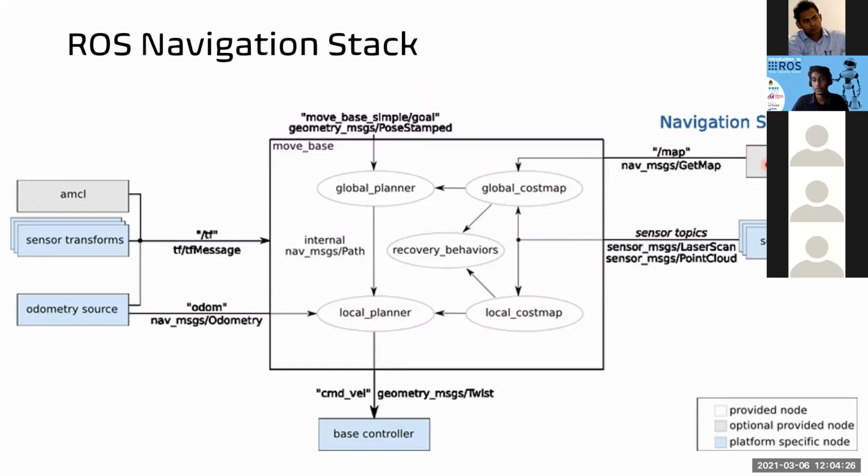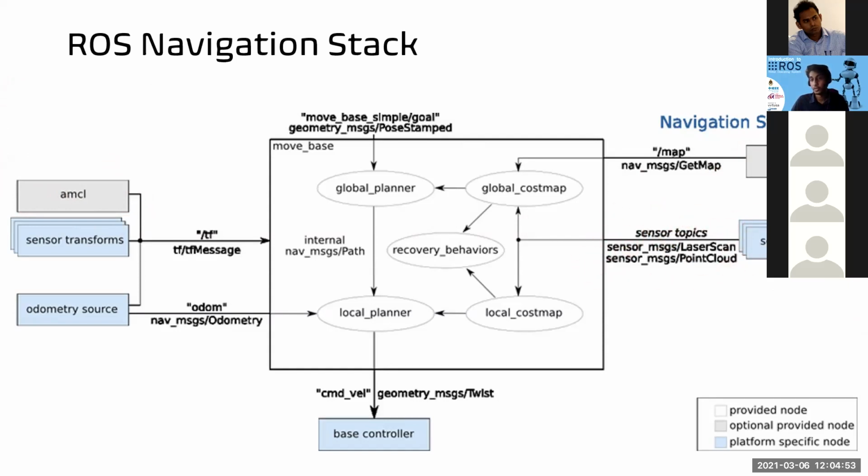So ROS can localize itself in that map using nodes like AMCL. AMCL is a localization algorithm. And for the sensor sources you have, the only thing you have to do is have them publish the information in the correct ROS topic.